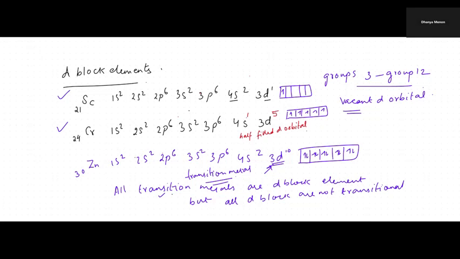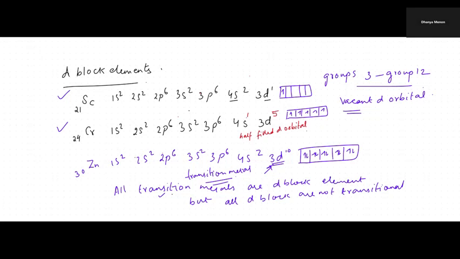Vacant doesn't mean it's completely empty, but a room for an extra electron. Most of the d block elements are metals.